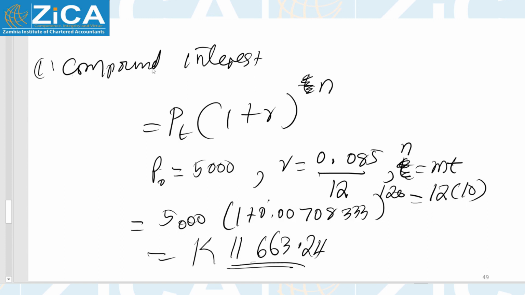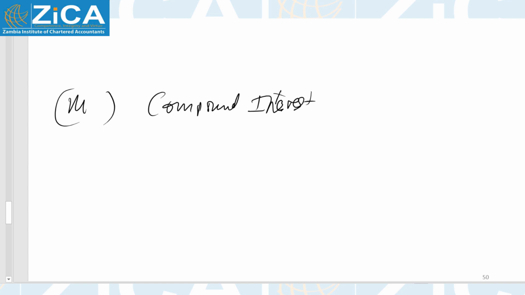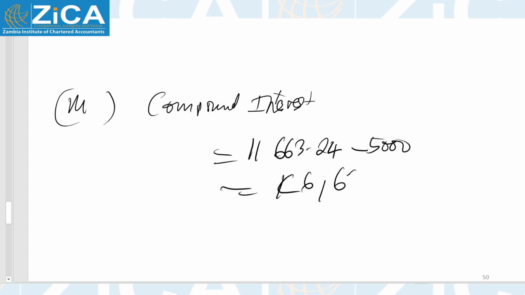Now, the compound interest will just be equal to the total amount, the yield, which is 11,663.24, minus the principal which was invested. And this will just give you 6,663 kwacha 24 ngwe.